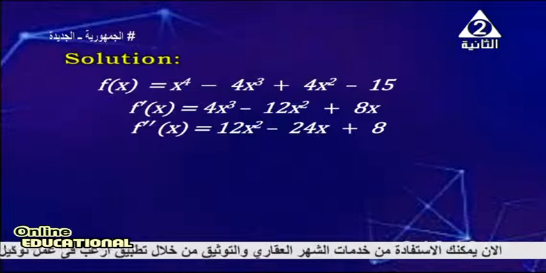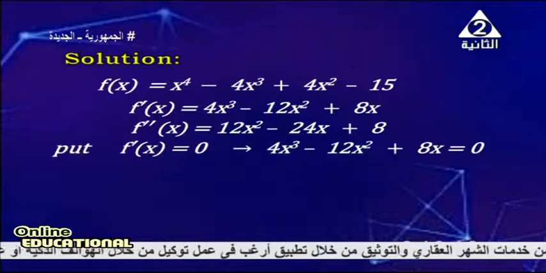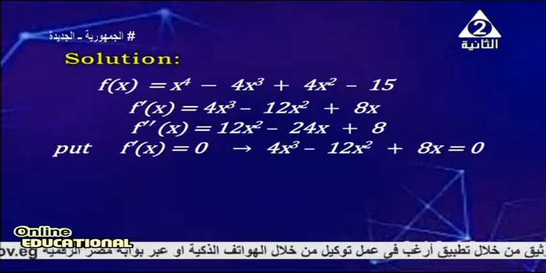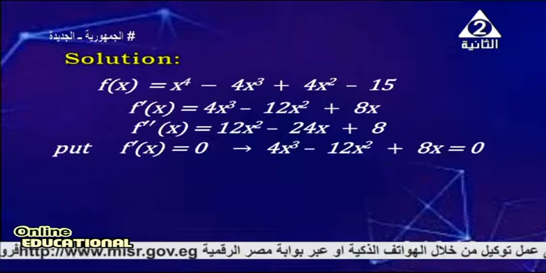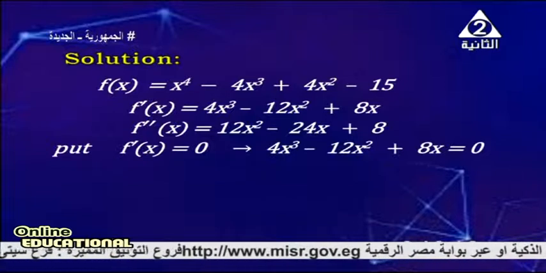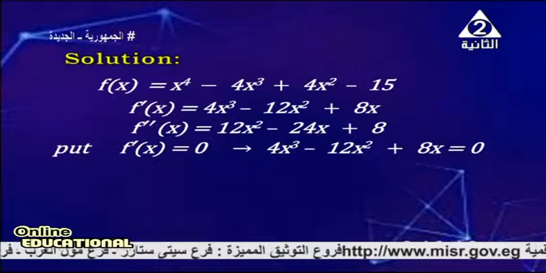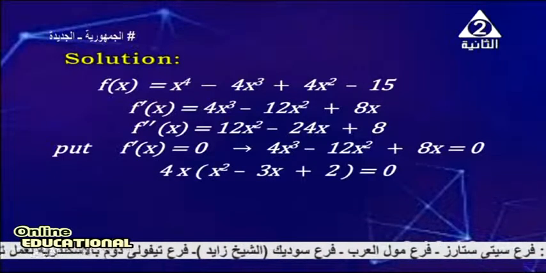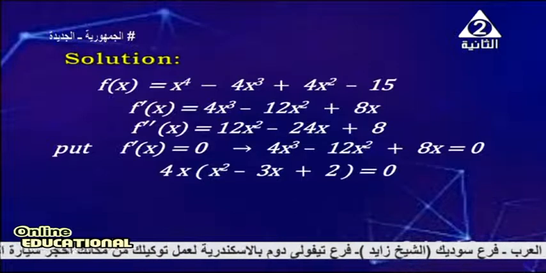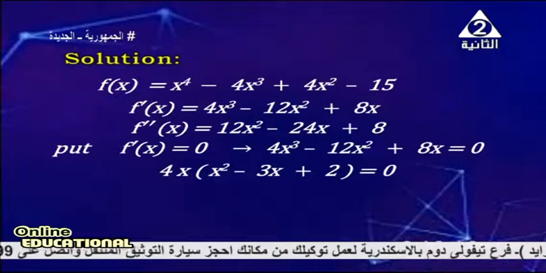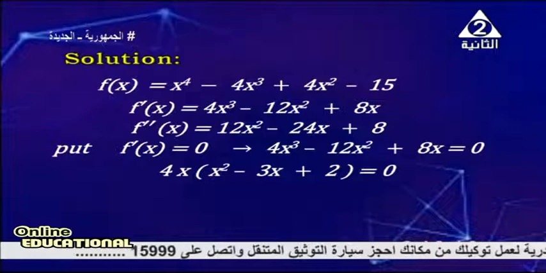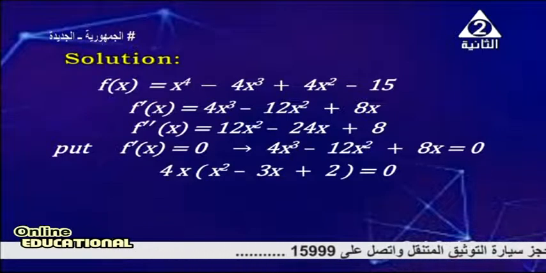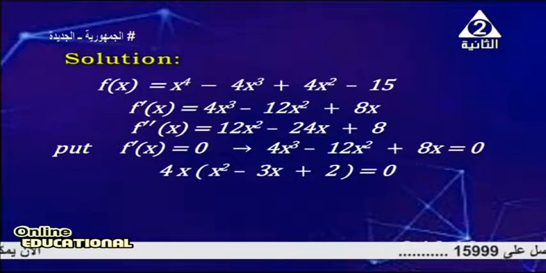Now put f dash x equals 0, then 4x to the power 3 minus 12x to the power 2 plus 8x equals 0. By taking 4x as a common factor, then 4x multiply between two brackets x power 2 minus 3x plus 2 equals 0.